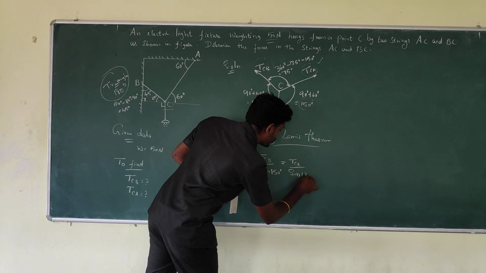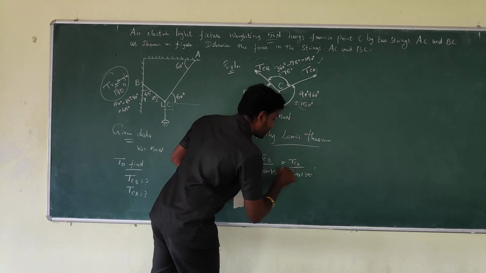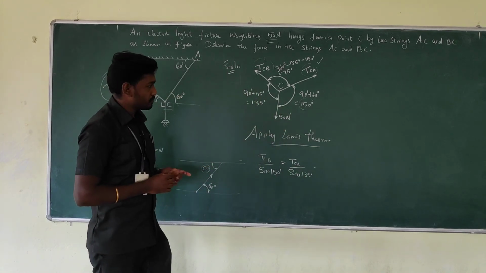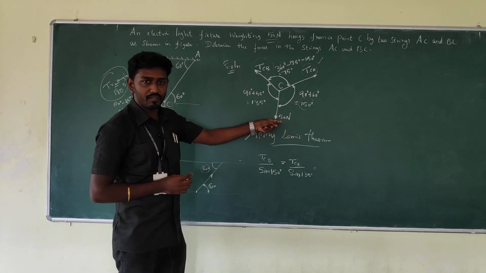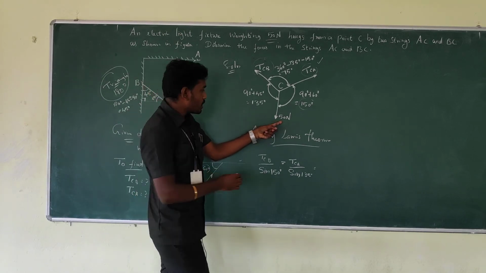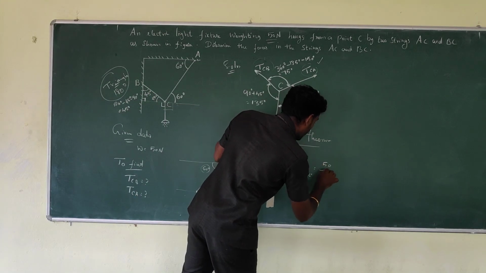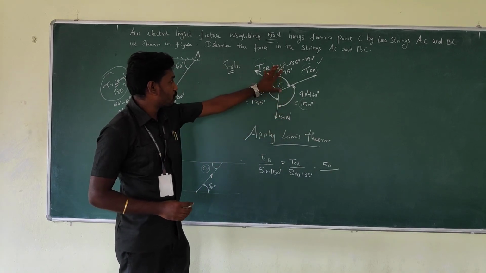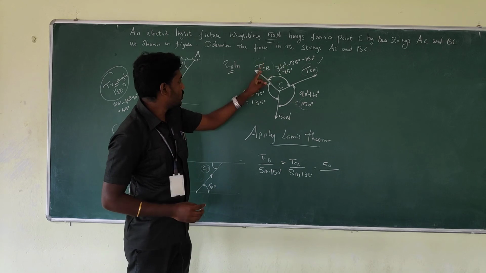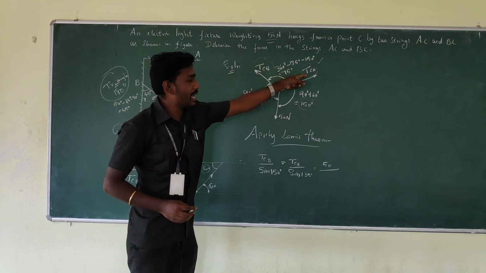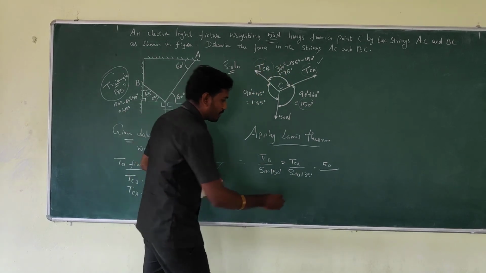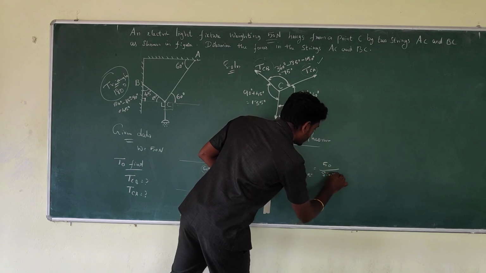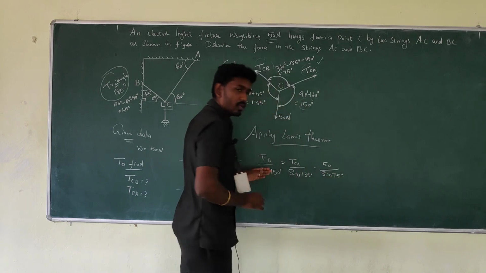So here we can substitute 135 degree. The last one, the weight 50. If I take the force 50, the sine of the angle between the other two forces, TCB and TCA, which is 75. So sine 75 degree. Okay.